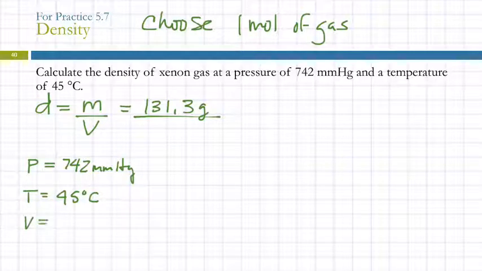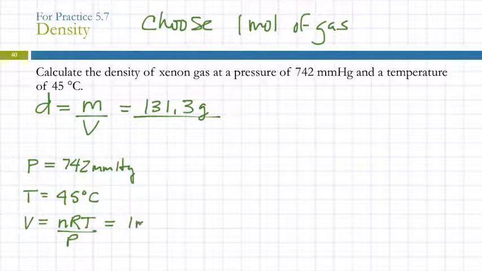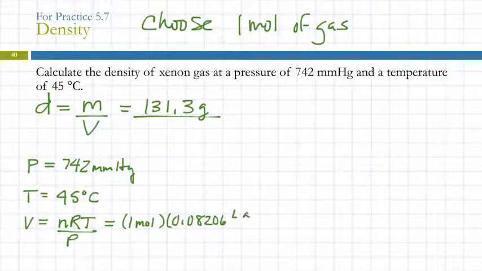The volume of a gas is equal to nRT over P, if you use the ideal gas law. Well, n is 1, exactly 1 because we picked that. R, 0.08206 liter atmospheres per mole Kelvin. And there's our suggestion for units.